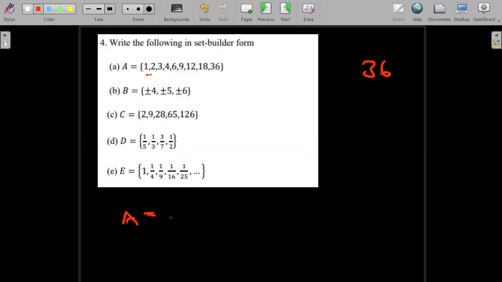So for the set builder notation, it's not going to be unique because you can describe it in different ways.